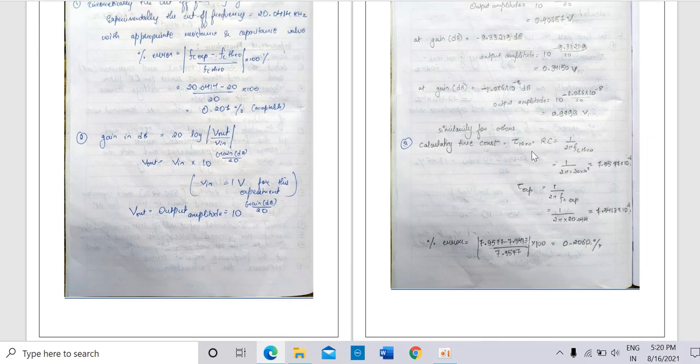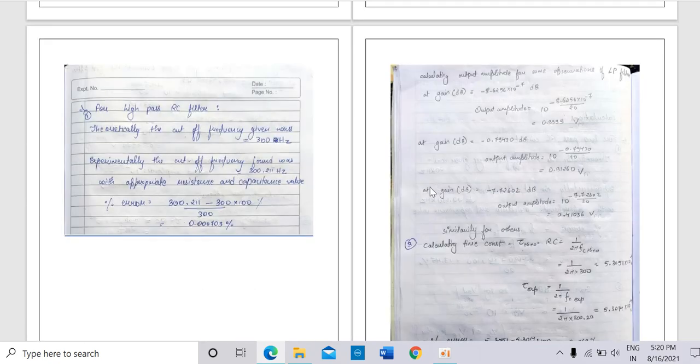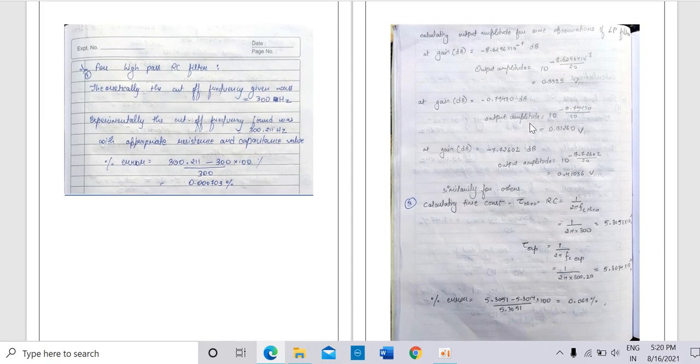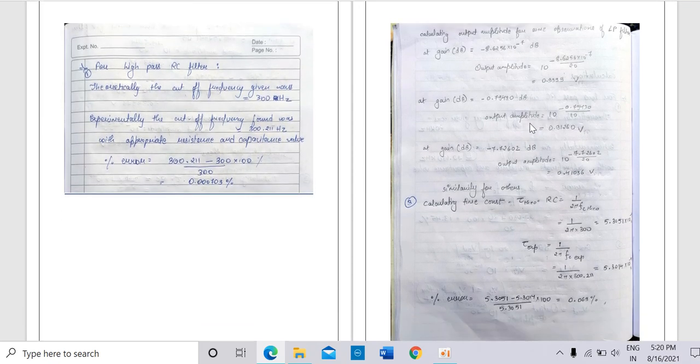I have calculated the time constant theoretically, it came this much, and experimentally it came this much, and I have calculated the percentage error. This is experimental minus theoretical, upon theoretical. Similarly, I have performed this for the high pass RC filter also, and we can see that the percentage error is very small. That is, our experiment is quite accurate.